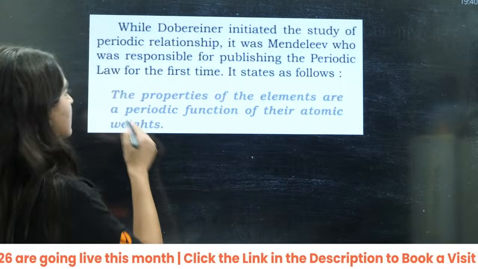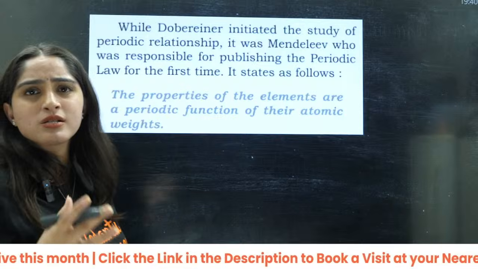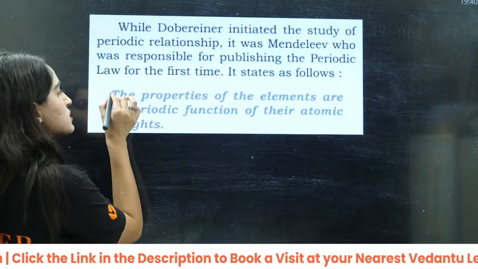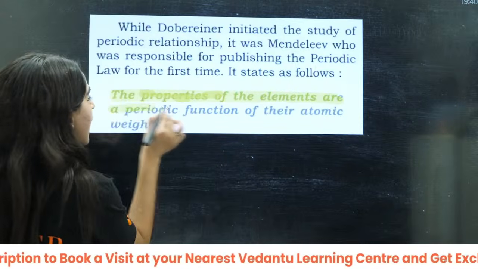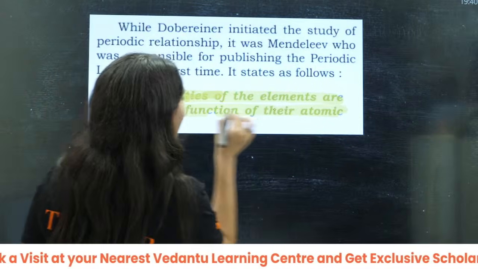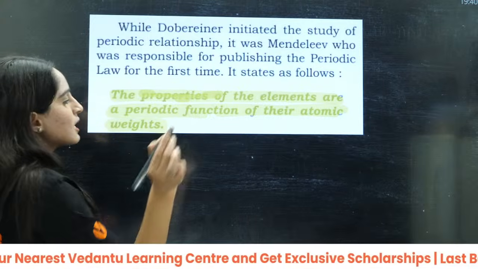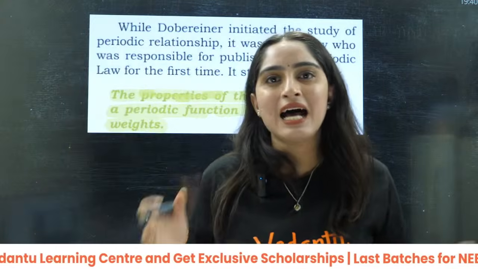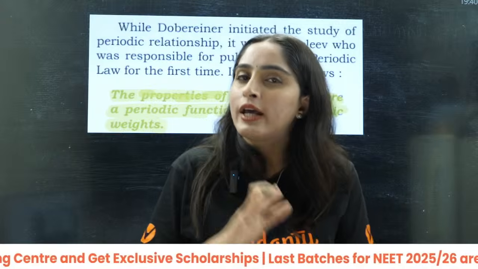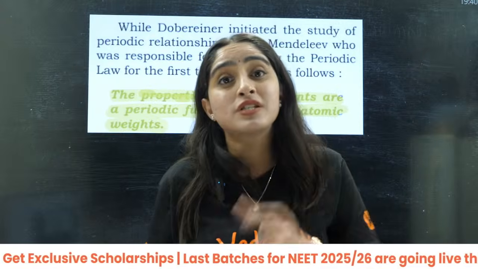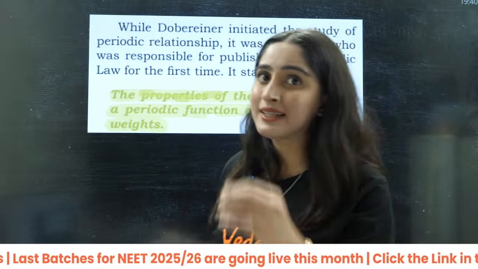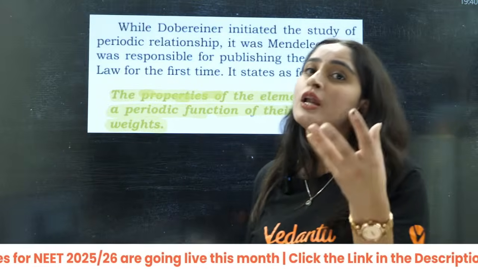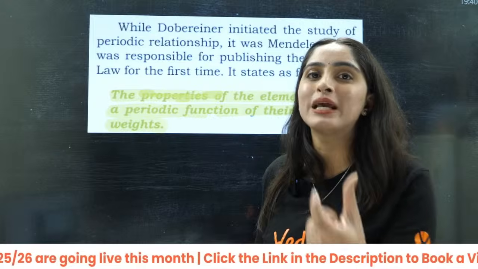We can see that. So what exactly was this law? This law was that the properties of elements are a periodic function of their atomic weights. That means that as the atomic weights increase or decrease, along with that the physical properties and the chemical properties will change periodically. That is a periodic classification based on the atomic weights.